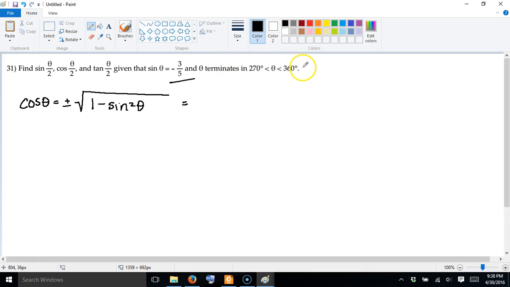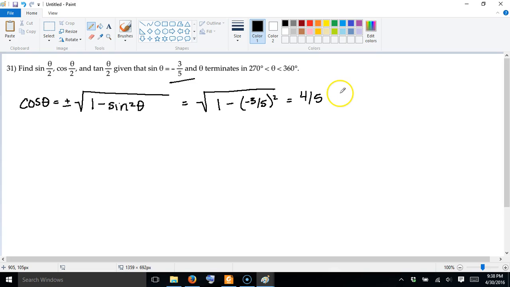We are in the fourth quadrant here, so cosine is going to be positive. So 1 minus the inside of that radical of negative 3/5 squared. All of that is equal to 4/5.